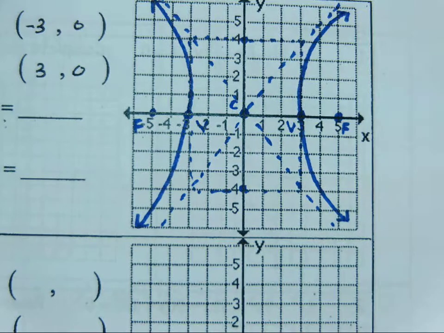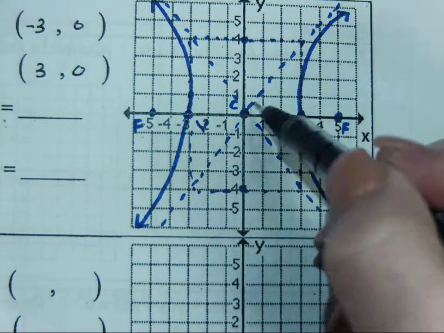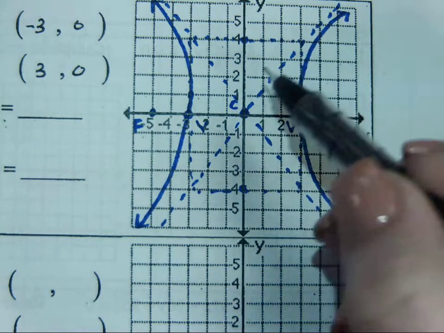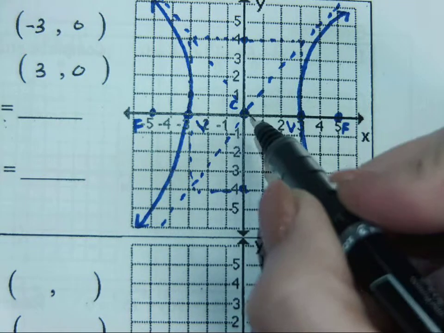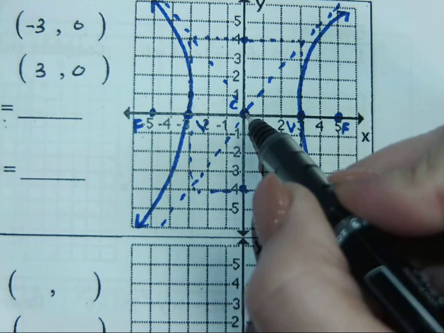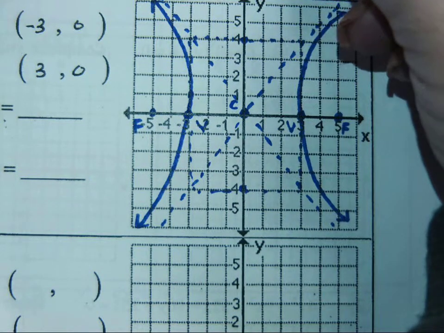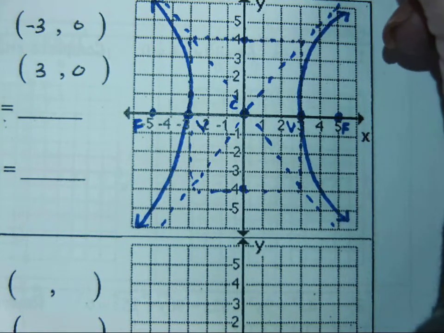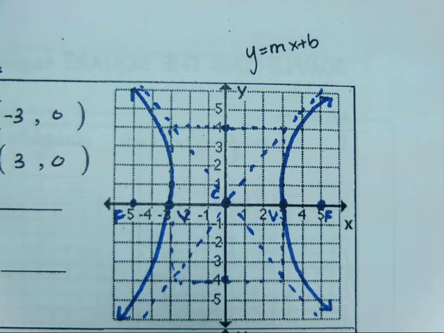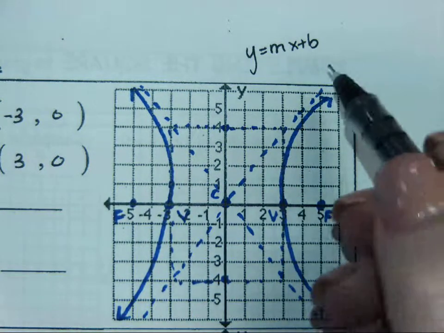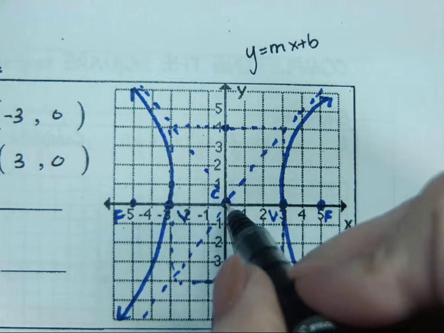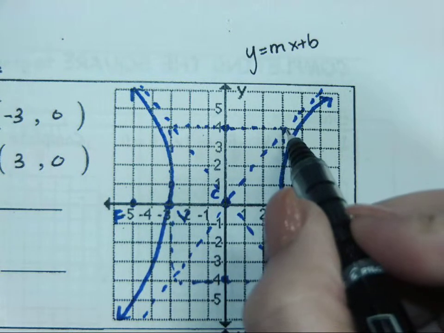Now my asymptotes, I do need to actually find this actual equation here. And so since I'm starting here at 0, my y equals mx plus b general format, I can think about what is the slope of this line that I just created and the y-intercept. And again, my slope in this case is b over a.